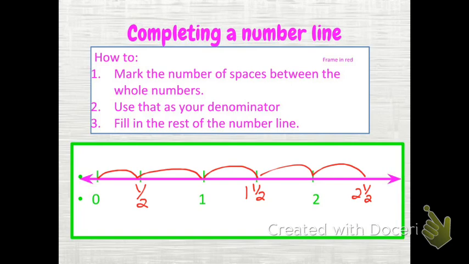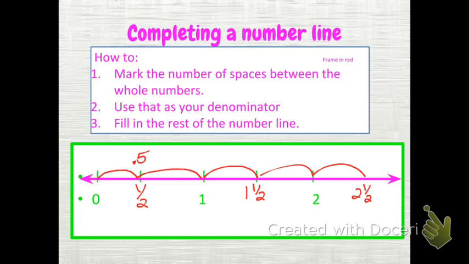Now, here's the other part. We need to write the decimal also because we don't know if they're going to give us a number as a fraction or as a decimal. So for your benefit, to help you remember it, you're always going to write the fraction and the decimal. So 0 is fine. What's 1/2 as a decimal? 0.5. Then we have 1.